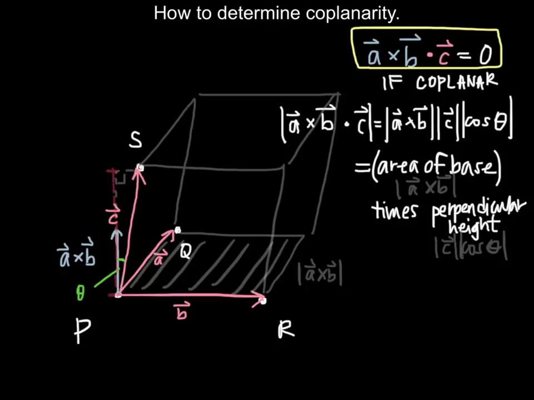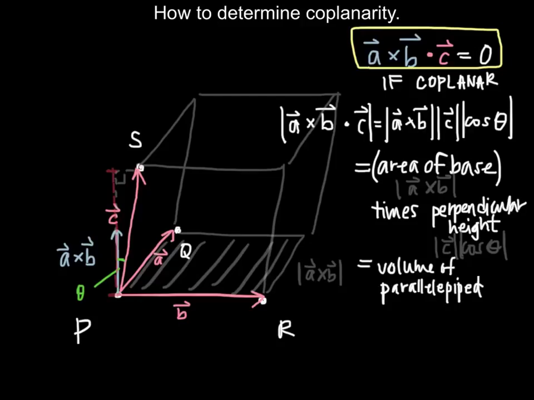Well, it is the area of the base, which is this parallelogram here spanned by A and B, times the perpendicular height, which is the length of C, times cosine theta, where theta is the angle between A cross B and the vector C. So this is the volume of a parallelepiped spanned by A, B, and C.